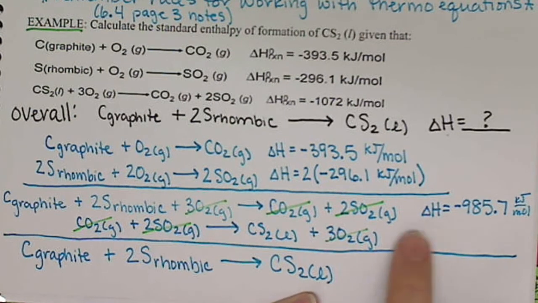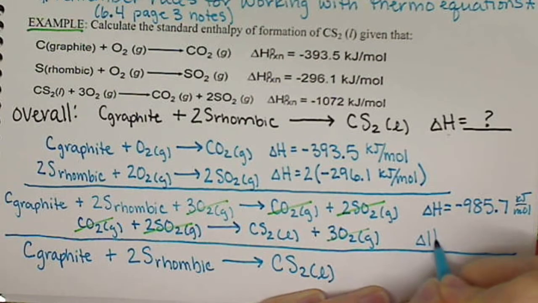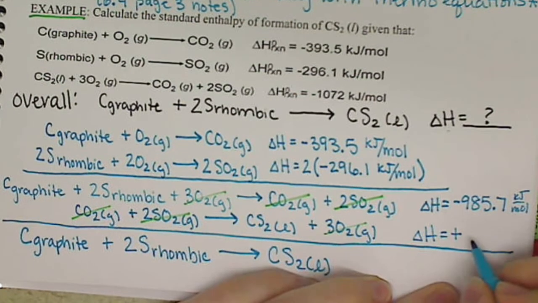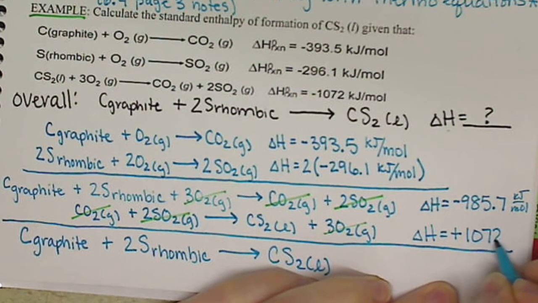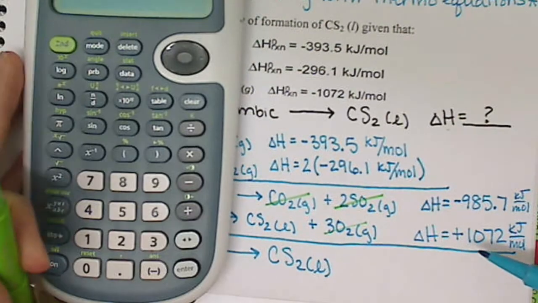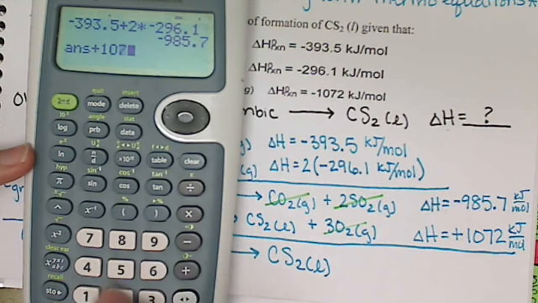For my delta H value here, I flip-flopped this equation. So my delta H for that component of it is going to be positive 1072 kilojoules per mole. So I add these two together. Add 1072.